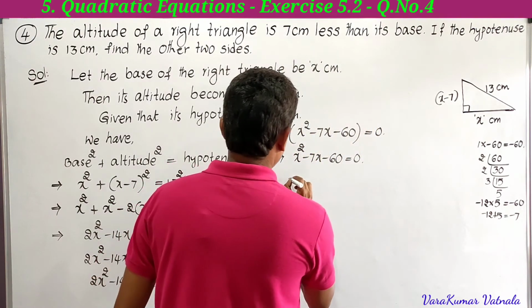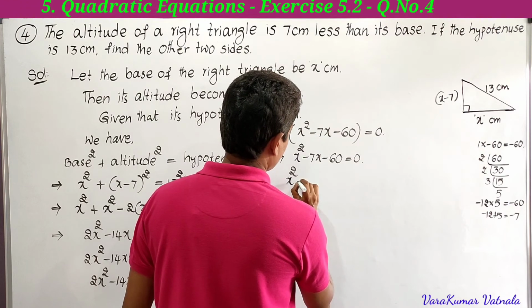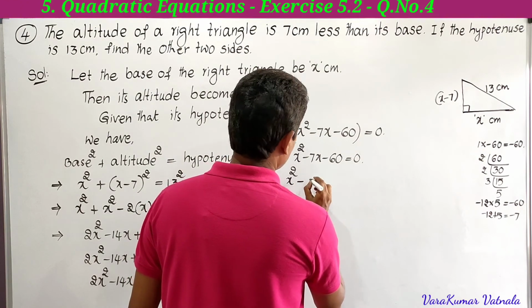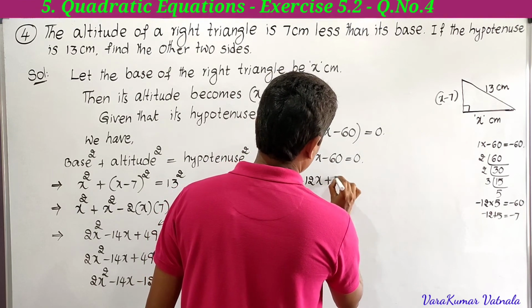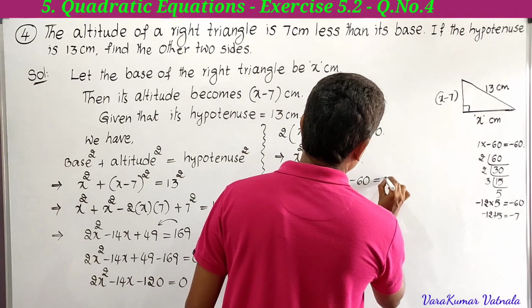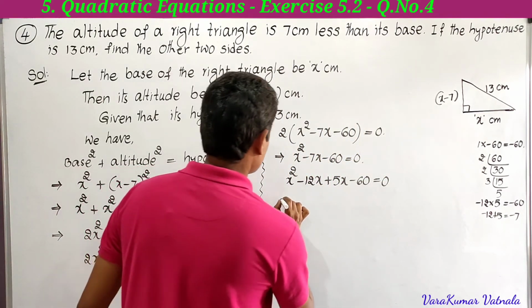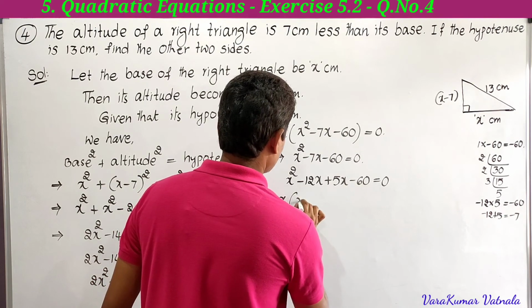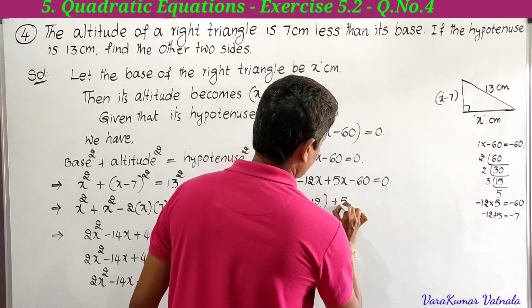So here write x square as usual, but this minus 7x can be written as minus 12x plus 5x, minus 60 is equal to 0. So in the first two terms x is common. So take x as common, we get x minus 12. In the last two terms plus 5 is common.